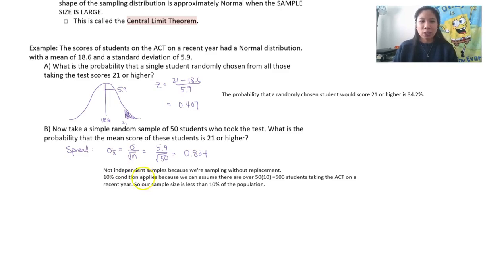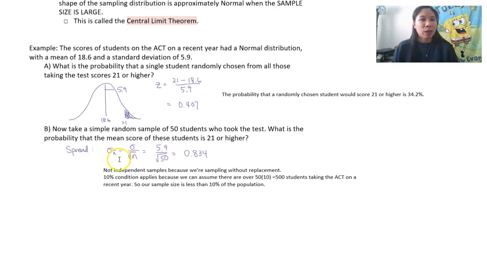This applies because we can assume there are over 50 times 10, which is 500 students taking the ACT in a given year. So our sample size is less than 10% of the population. So the 10% condition applies, and we are allowed to use this formula to calculate the standard deviation of our sampling distribution.